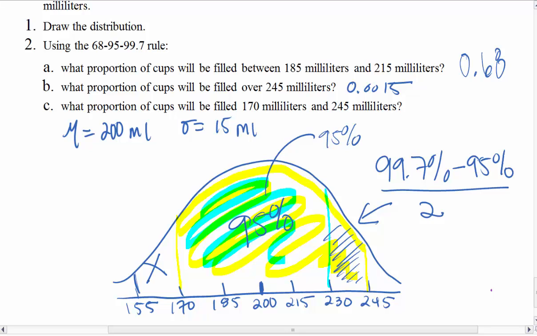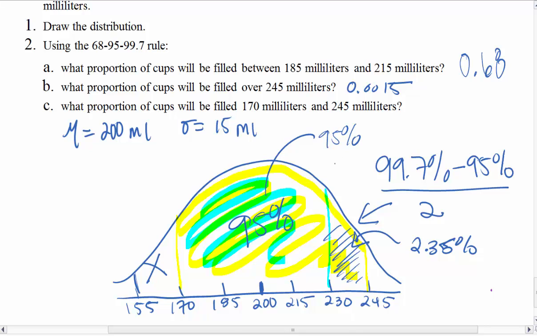So if we subtract that off, then we don't need it. 99.7 minus 95% is simply then just 4.7, and half of that is 2.35%. This is going to be then the area that's between 230 and 245.